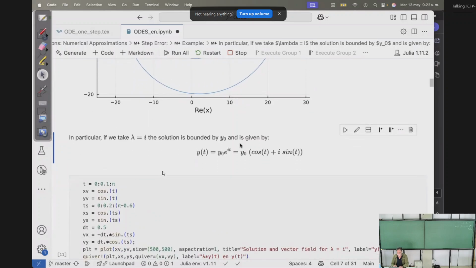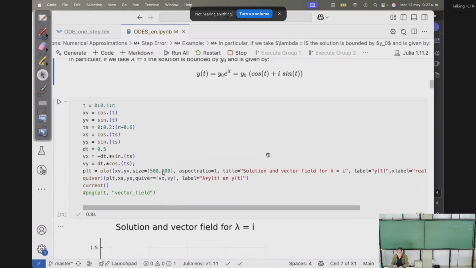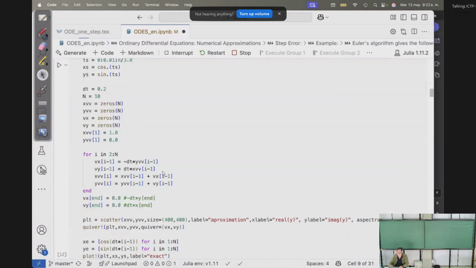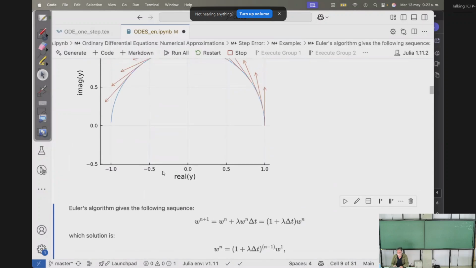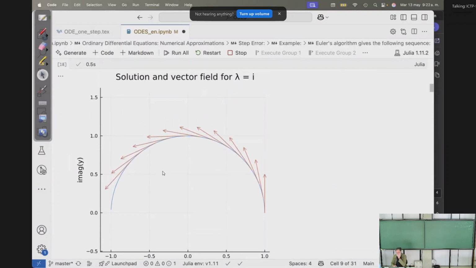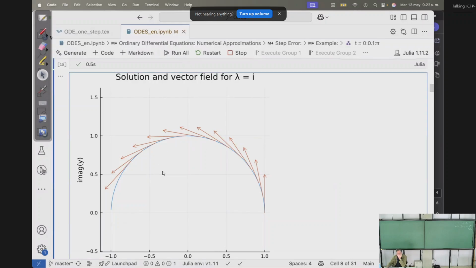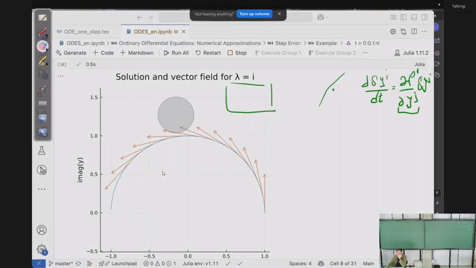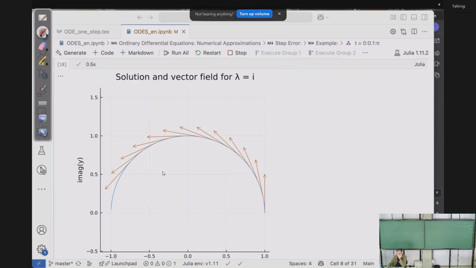So this was the case, lambda equal to i, pure imaginary, we have cosines and sines. And here we did some plots. Remember, Pablo was talking about these things the other day. So this is the curve, lambda equal to i. In blue is the curve, and in red is the vector field at those points.